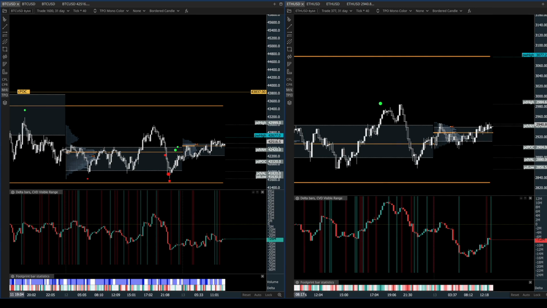BitMEX is the second one on Sierra Chart. Obviously, BitMEX used to be a go-to place for everyone. When I started day trading BTC back in 2020, I used to use BitMEX data only. It was a really good place as everyone was trading on BitMEX at the time, but then they had different issues, and a lot of people left BitMEX over time.